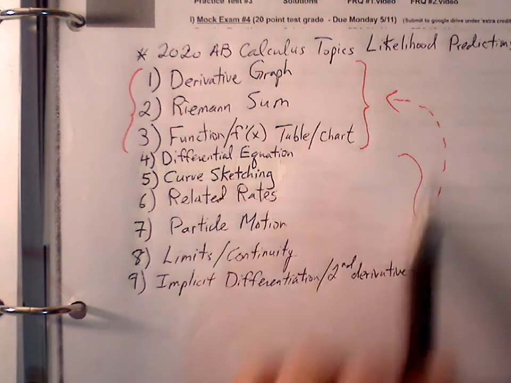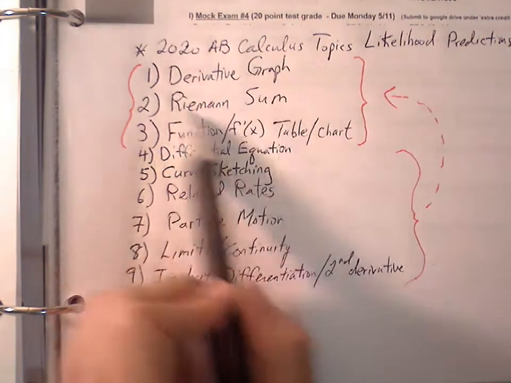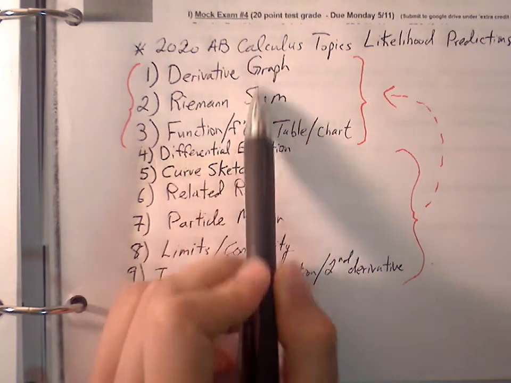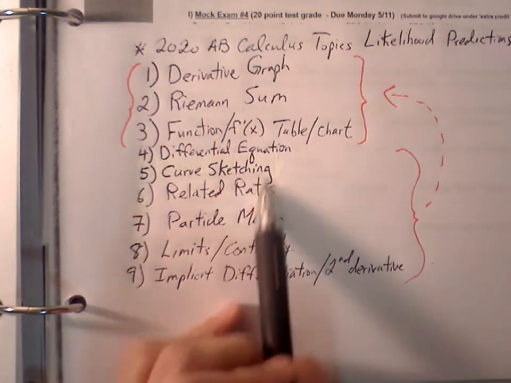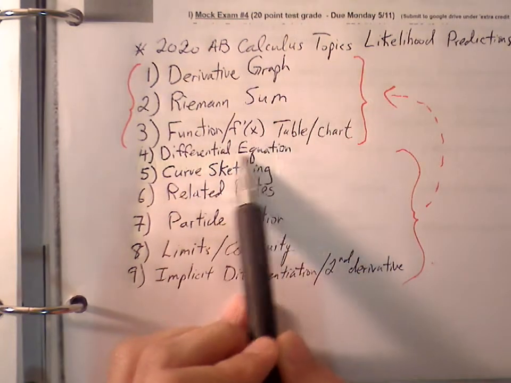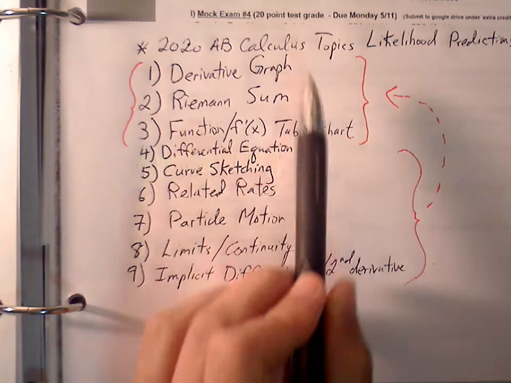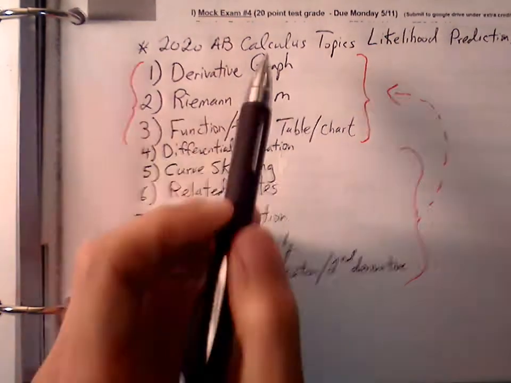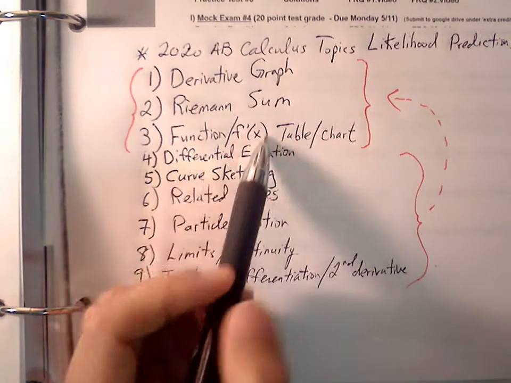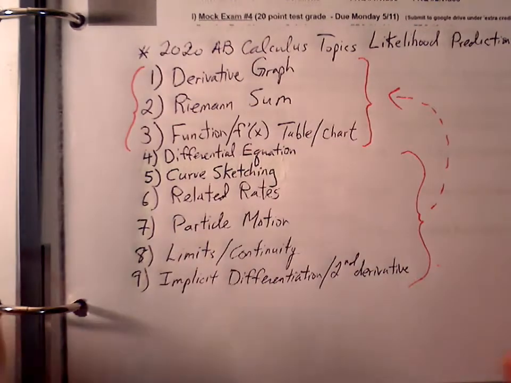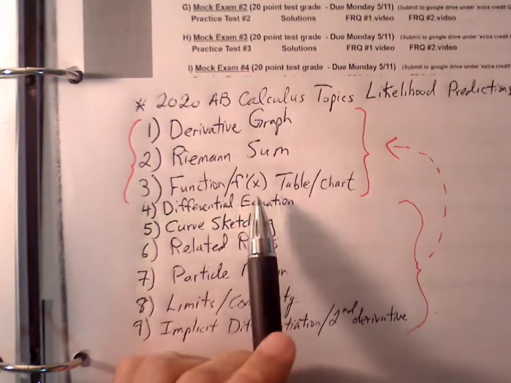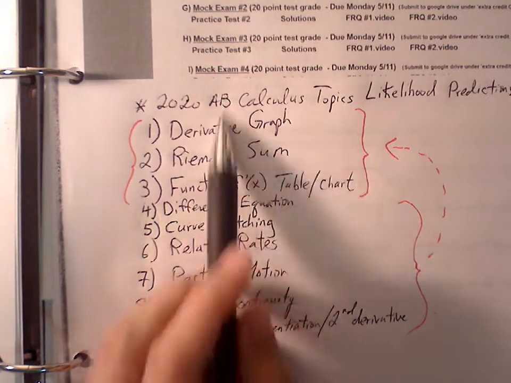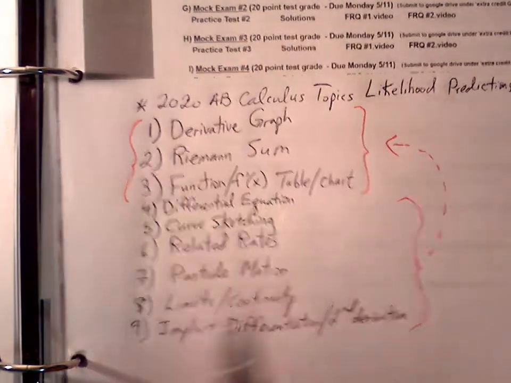It doesn't mean that all these will show up, but that's why I'm guessing these two are going to be the easiest for them to insert all these different topics, like differential equations and curve sketching, within part C, D, or E of that extended first problem. So that's my best guess in terms of what starting point topics or format you're going to see.